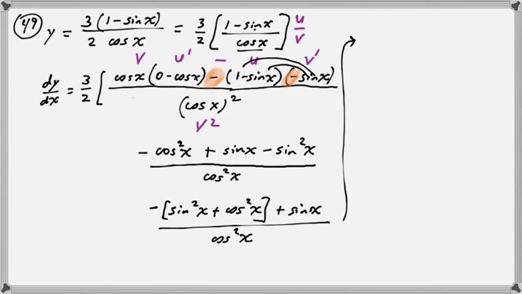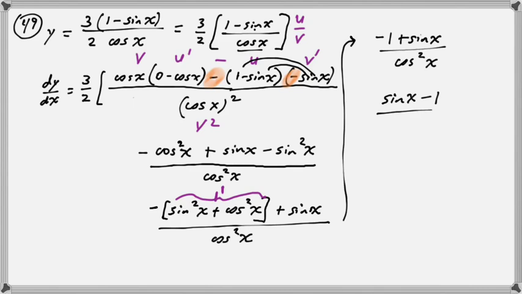That could become a 1 because sine squared plus cosine squared is a 1. So right now I have a negative 1 plus sine of x. And it's divided by cosine squared. I don't know whether you recognize negative 1 plus sine as sine minus 1, but it's really the same thing.